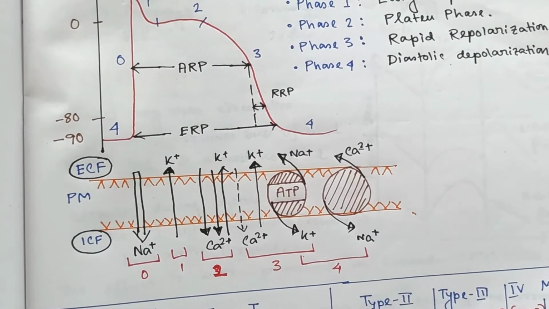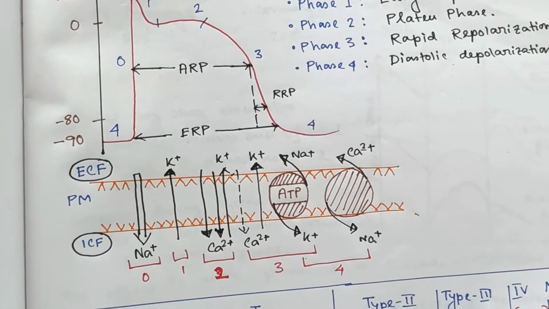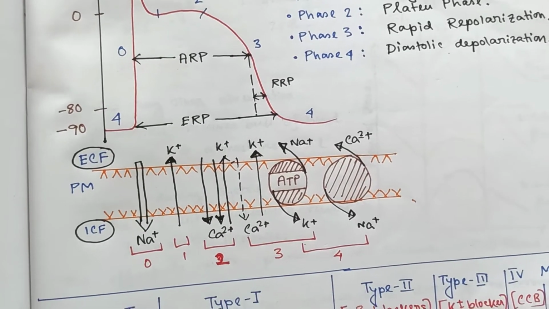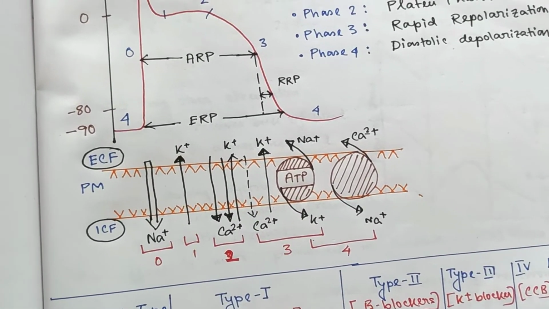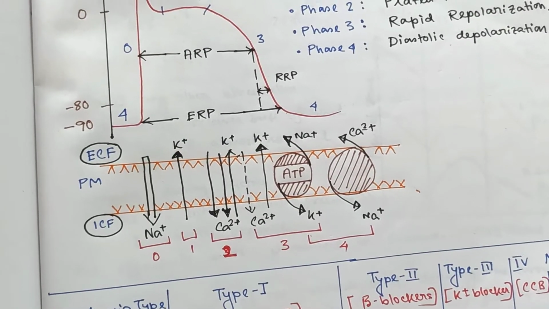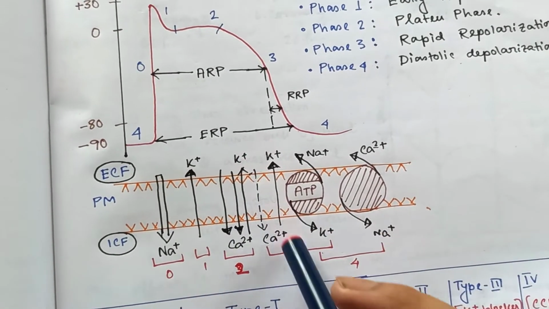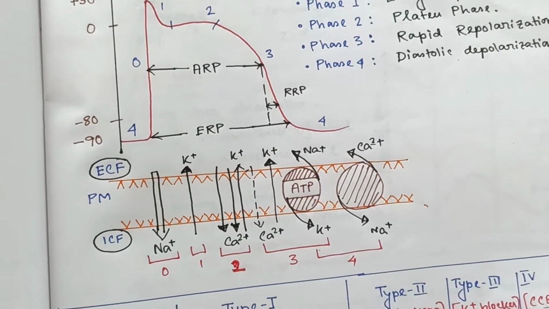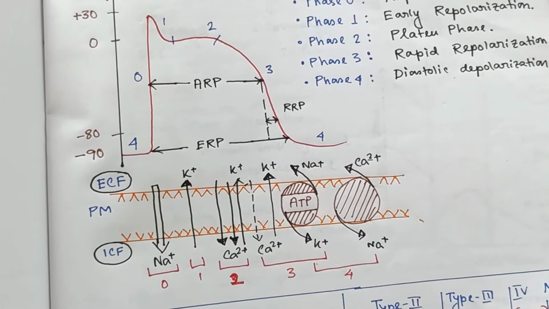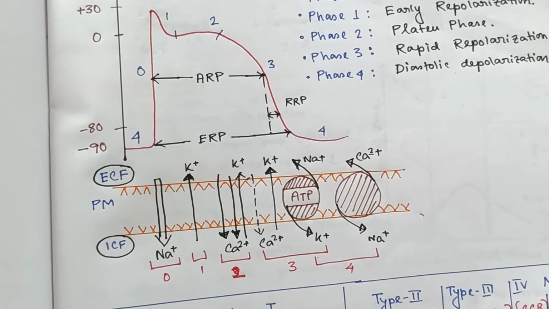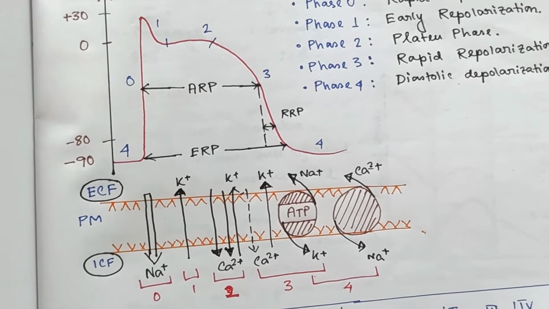And next, phase 3 or rapid repolarization. At this phase, calcium channels close and potassium channels open. Potassium is pumped out of the cell at a higher rate than calcium. So calcium entry is almost closed and potassium exit is facilitated.